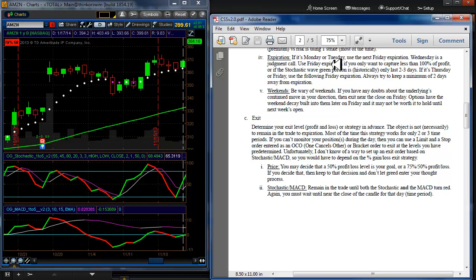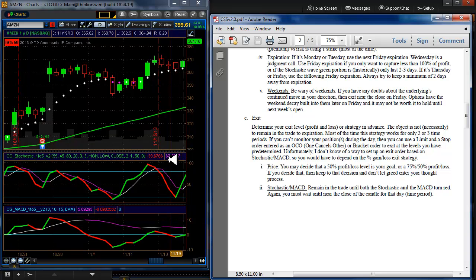In the rules, it states if it's Monday or Tuesday, use the next Friday expiration. Wednesday is a judgment call. Use Friday expiration if you only want to capture less than 100% of the profit, or if the stochastics wave green portion historically only lasts 2 to 3 days.